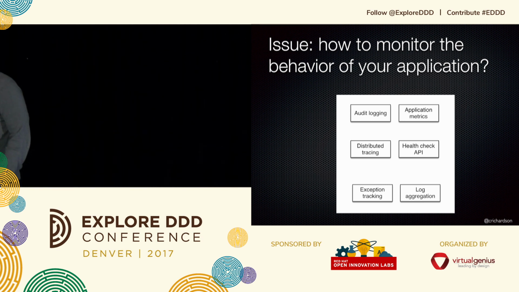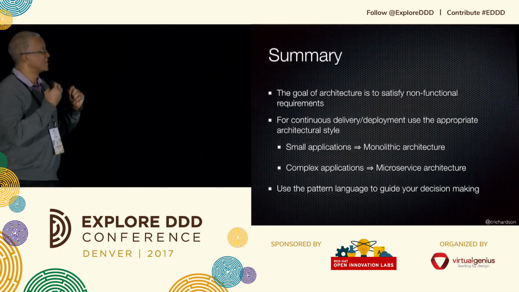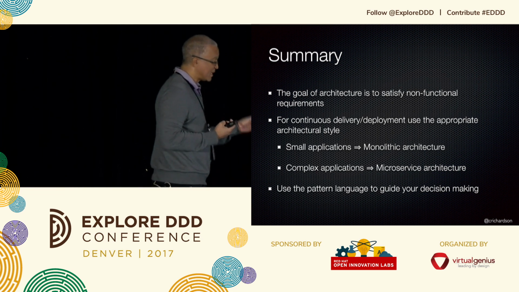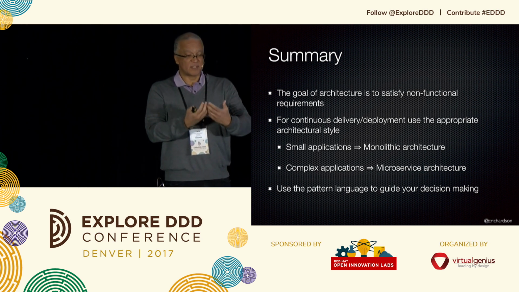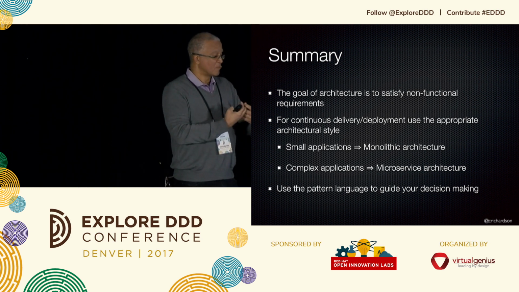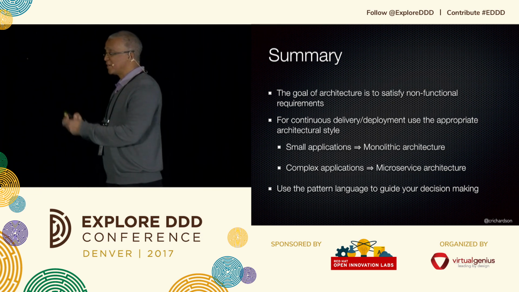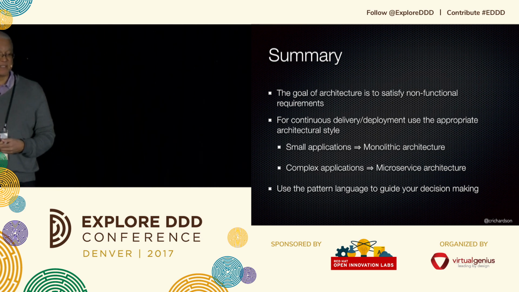So that's pretty much all I have to say. In summary, the goal of architecture is to satisfy your non-functional requirements, and in particular, today, we need to choose our architecture carefully in order to be able to practice continuous delivery and continuous deployment. If you've got a small application, the monolithic architecture will be just fine.